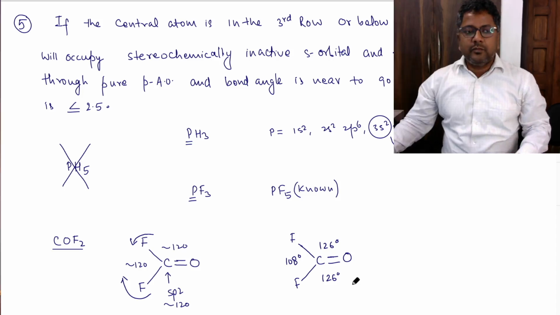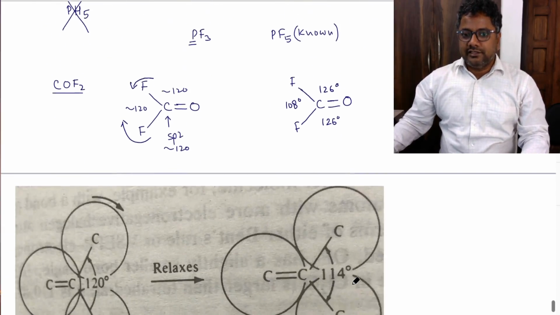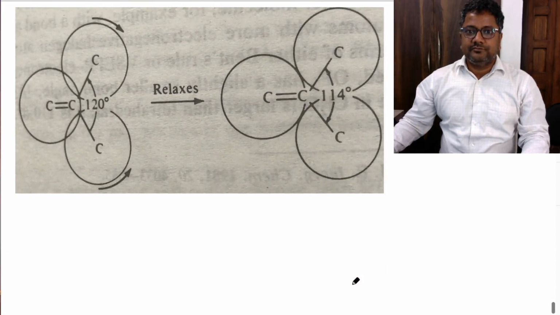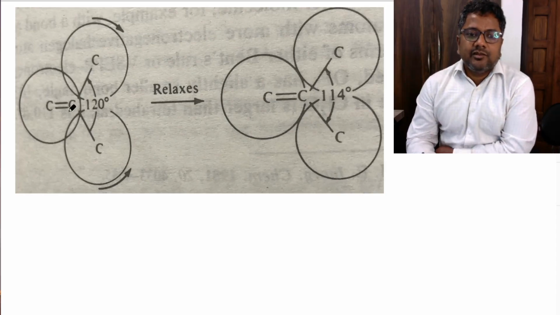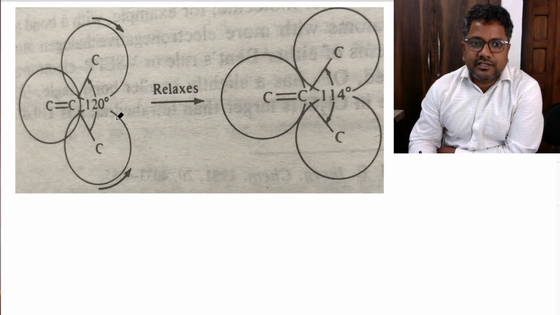See, one very beautiful example I have, a figure I have arranged for you, and you can see this structure, C double bond C, C, C, suppose that this type of structure is there.